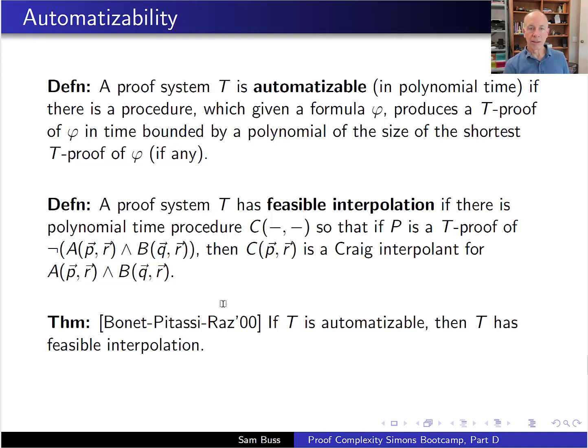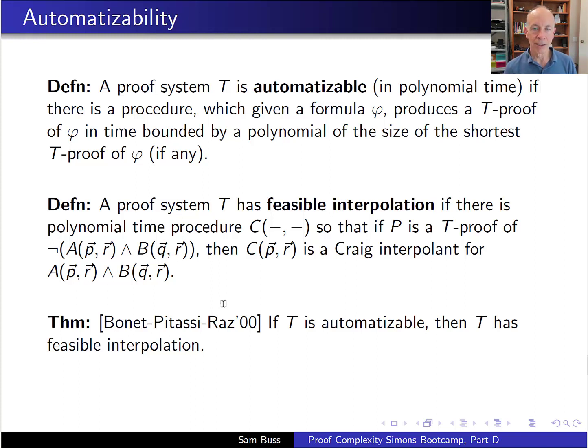So I want to conclude this talk with a different subject, automatizability. Automatizability relates to the hardness of proof search, which of course is a crucial issue for satisfiability algorithms.